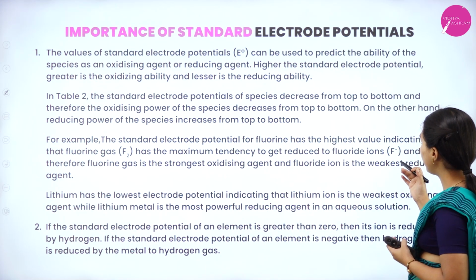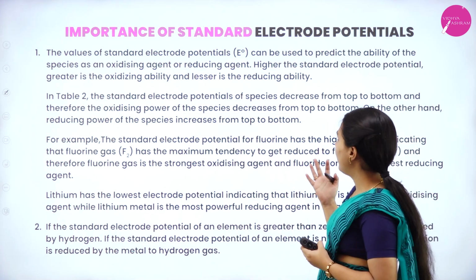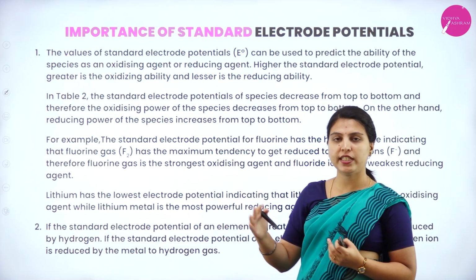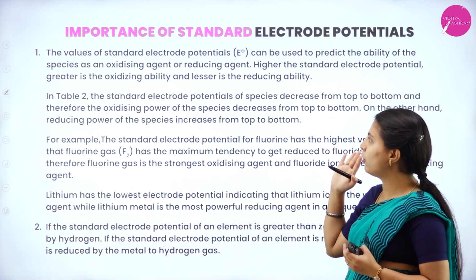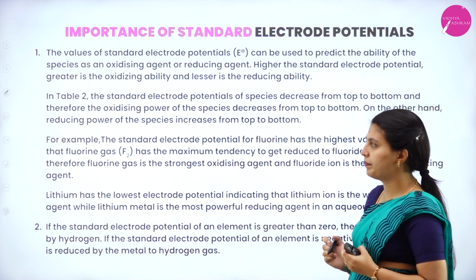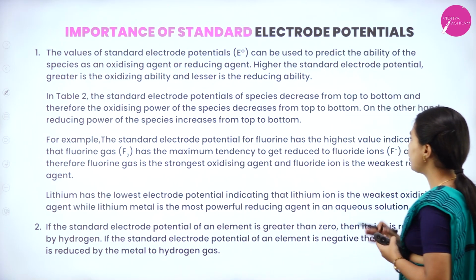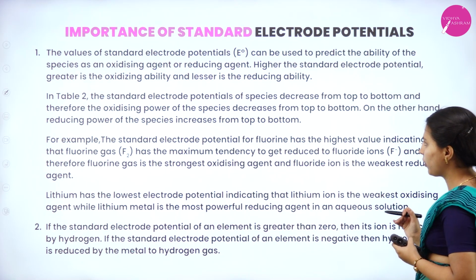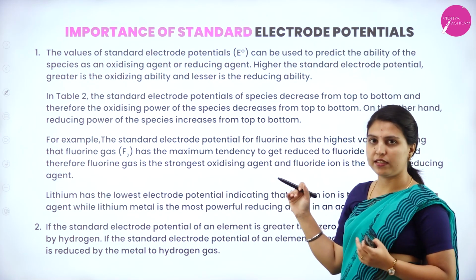Higher the standard electrode potential, greater is the oxidizing ability and lesser is the reducing ability. In the table, the electrode potentials of species decrease from top to bottom and therefore the oxidizing power of the species decreases.